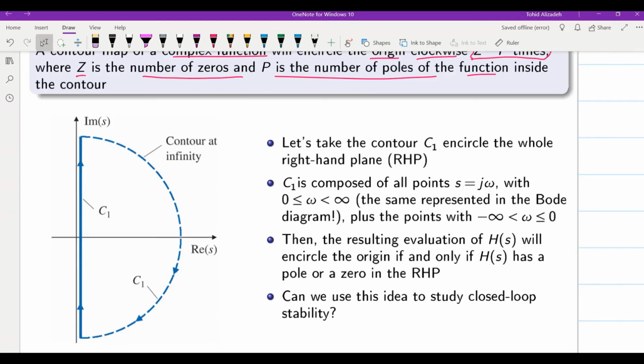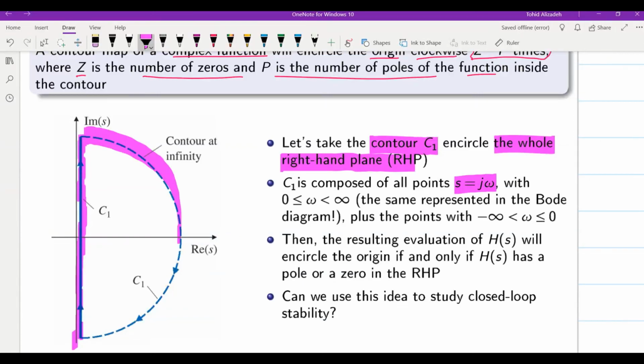Before starting that, we will indeed consider the contour C1, as you can see over here, in order to find the mapping of the H. The C1 contour will cover the whole right half plane. The contour will have this segment where we have s equal to j omega with omega between 0 and plus infinity. We have s equal to j omega for omega between minus infinity and 0.